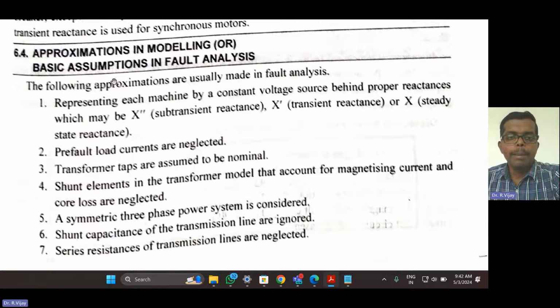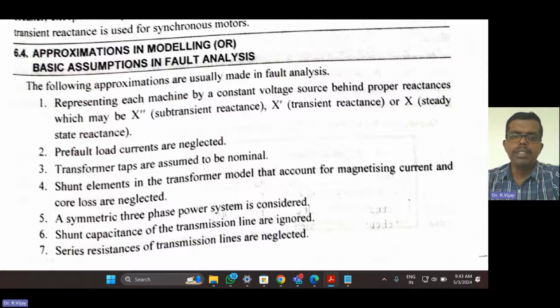First, representing each machine by a constant voltage source behind a proper reactance, which may be X double dash, that is subtransient reactance, next X dash, transient reactance, or X, steady state reactance. See what all the machines given in the single line system are.